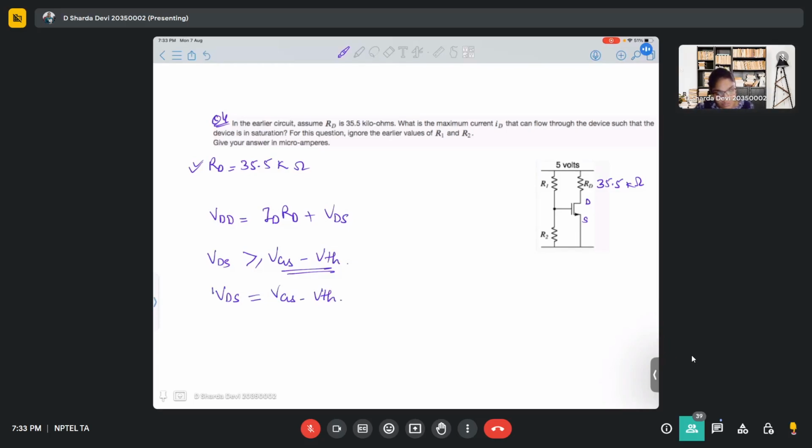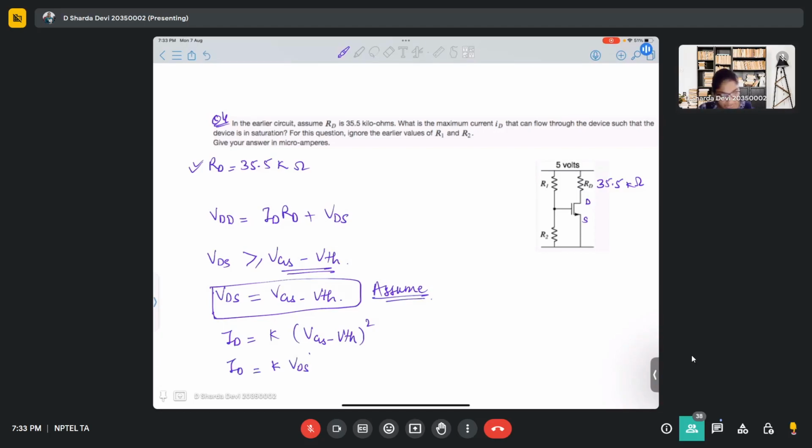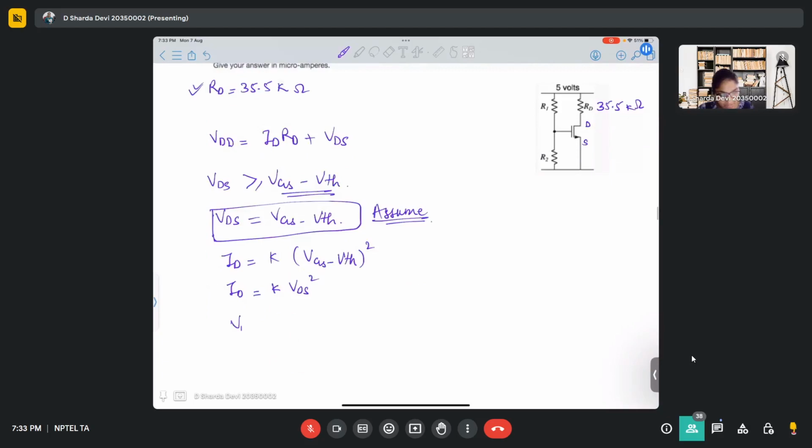Now if VDS is VGS minus VTH, we know ID is K times (VGS minus VTH) whole square, assume. So ID equals K VDS whole square. From here you can derive the value of VDS as root under ID by K, right?